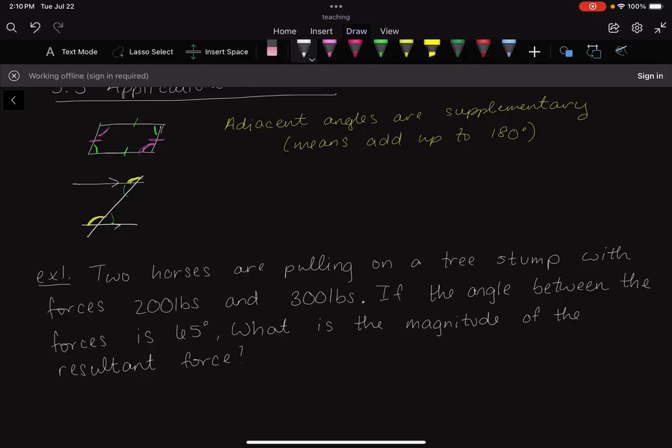And then it also asks, what is the angle between the resultant and the 300-pound force?